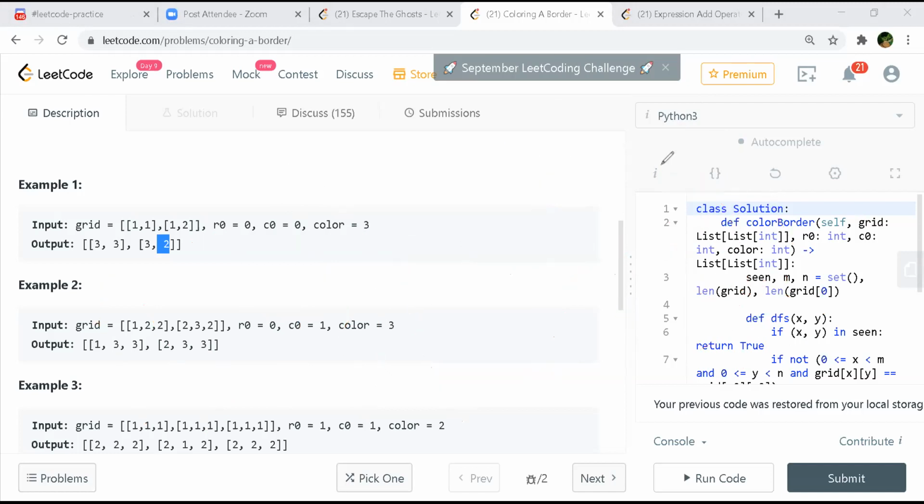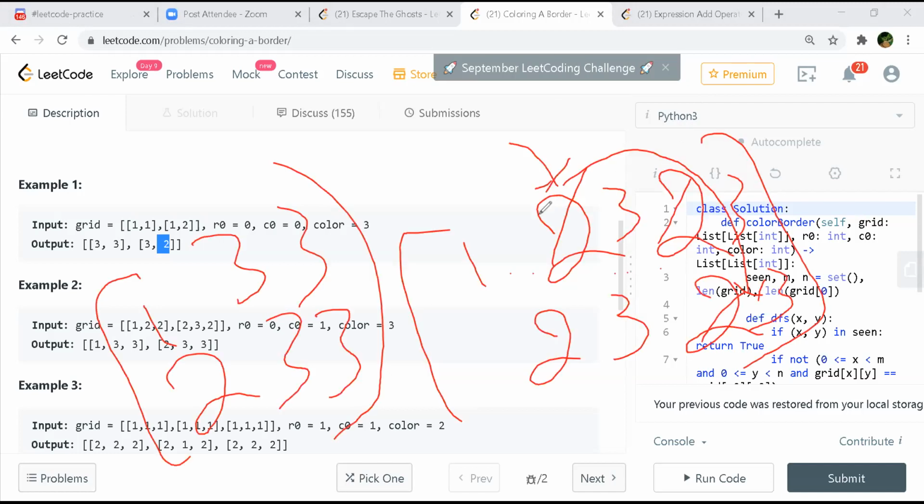But that bottom right 2, that is not a part of the connected component, right? As the description says. Bottom right, you are saying this one? I might be getting something wrong. I think since they are the same in number, that's why they are connected.